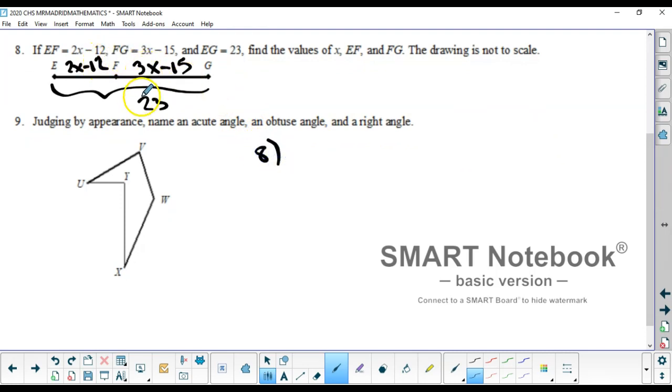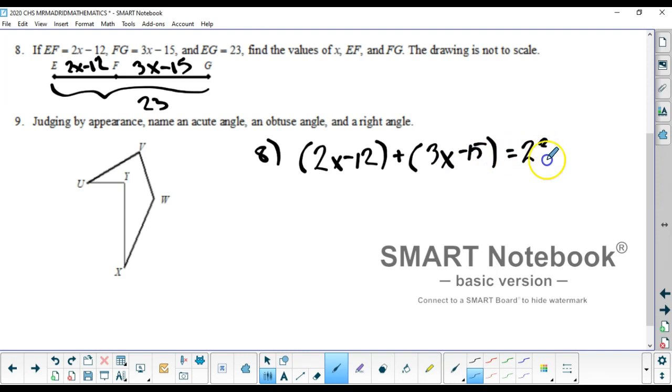So I guess this plus this should equal 23, right? This plus this equals 23. Right. So we would say EF plus FG equals EG. All right. Let's combine like terms. 2x plus 3x is 5x.